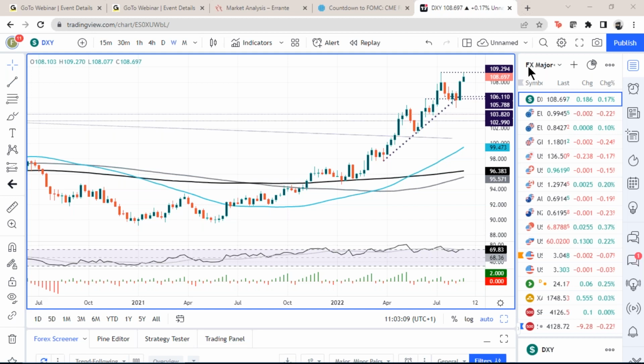So very close to that 109.29 level from mid-July, which is a multi-decade high in the dollar. Then we pulled back slightly after this run higher, not unexpected when you get to the high. And as you can see on the RSI here, we were getting slightly towards overbought territory.